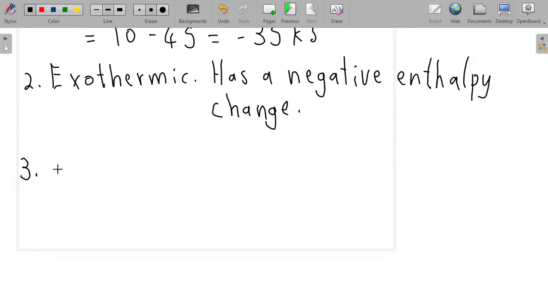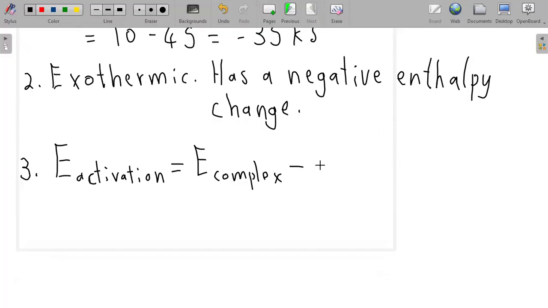The activation energy, E activation, will be equal to E of the complex minus the energy of the reactants.